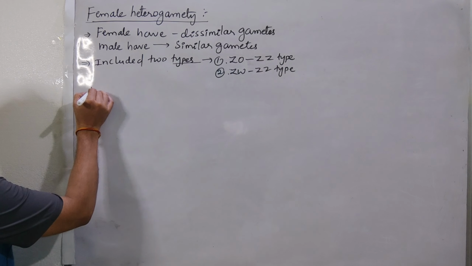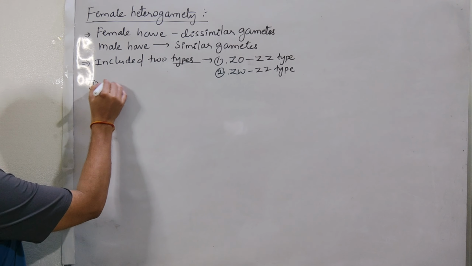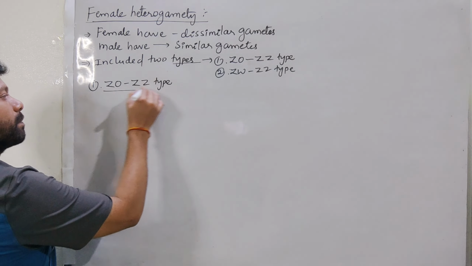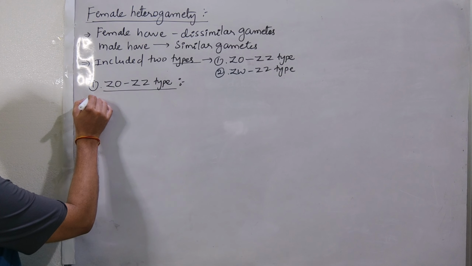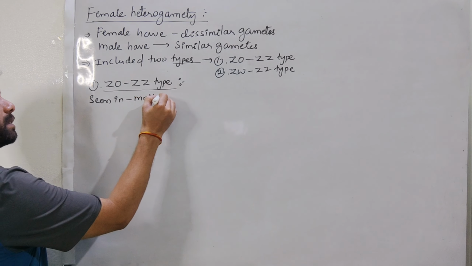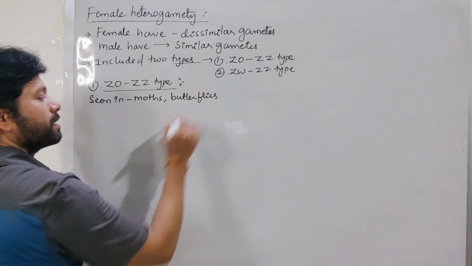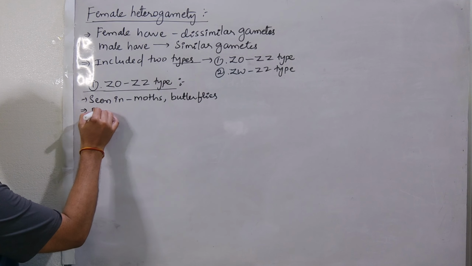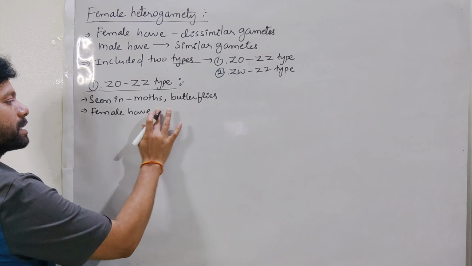First one, ZO ZZ type. Okay, this is found in some moths and butterflies. In this one, female have dissimilar gametes.